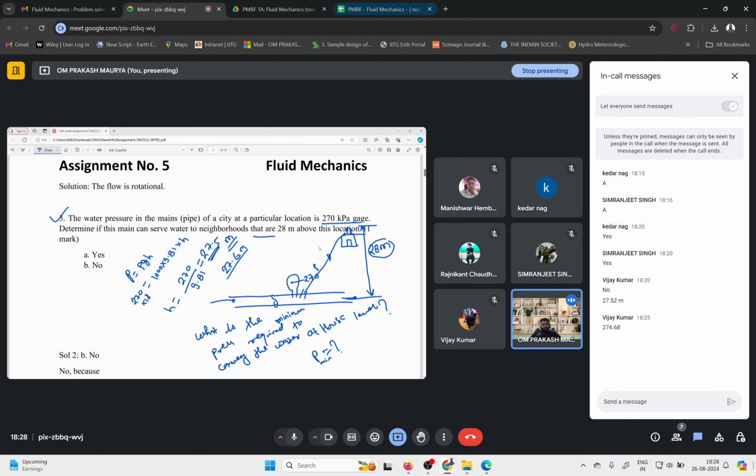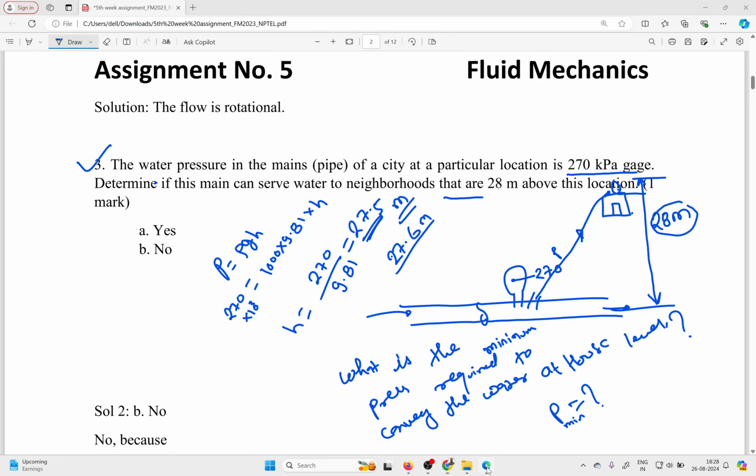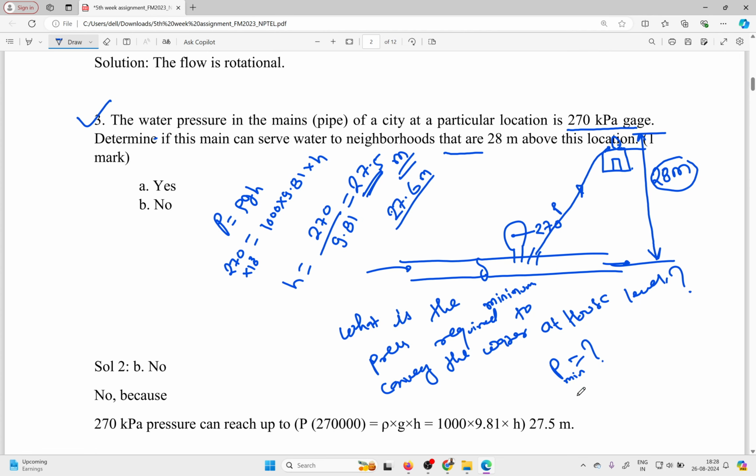Okay. Now I will explain. So the minimum pressure, how will you calculate? Just simple rho g h. P minimum is equal to rho g h, so 1000 into 9.81 into 28.